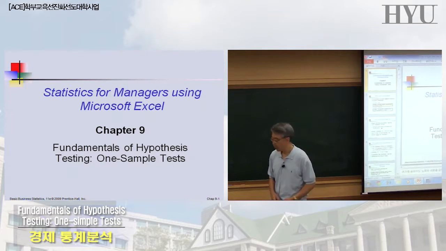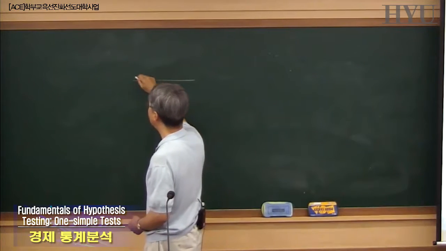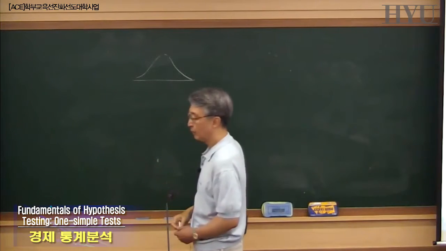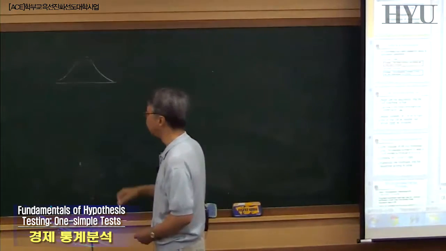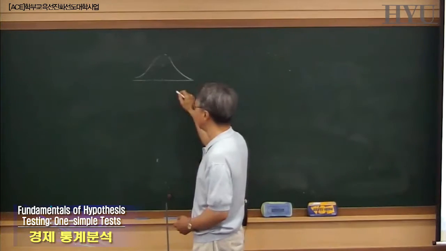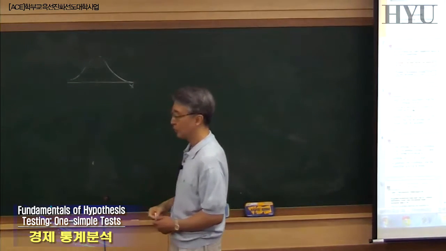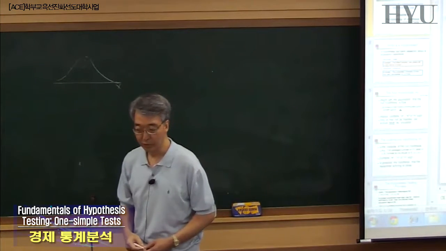Last class in chapter 8, we talked about the confidence interval, and the sampling distribution, which is the distribution of sample means.